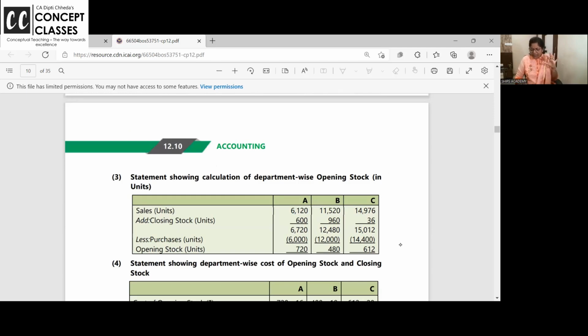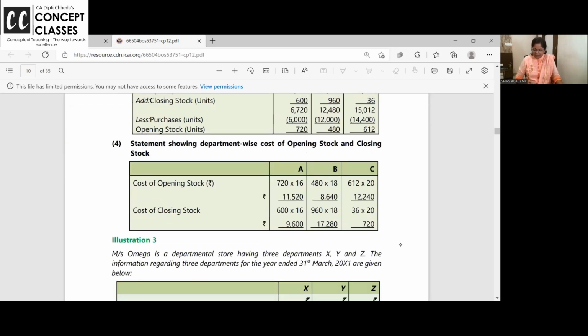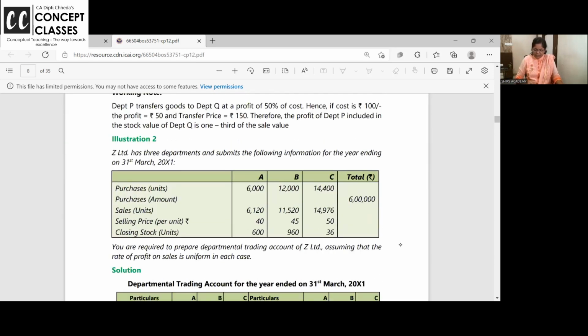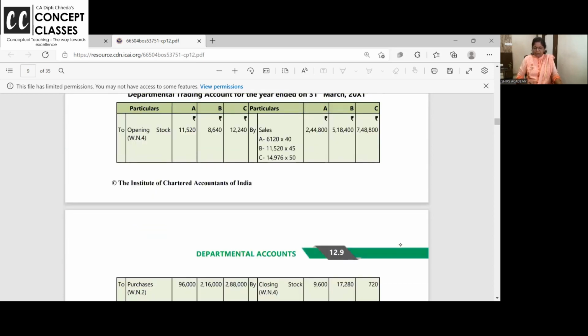So in total you were having 6,720 units, but you purchased only 6,000. So this is how you will get the openings. It feels as if I am teaching the budgeting chapter of costing, where you make various budgets, raw material, purchase budget and stock. It is like that. Yeah. And once you get the answer, simply prepare the T format ledger.